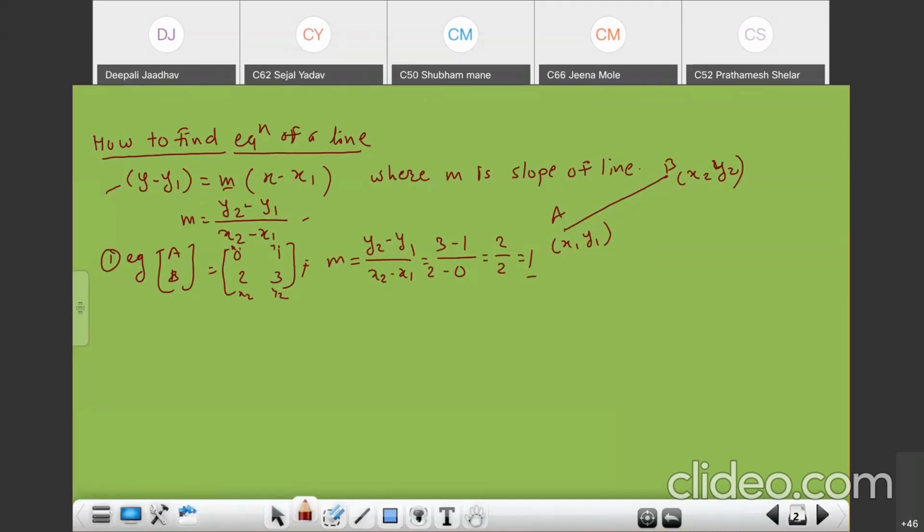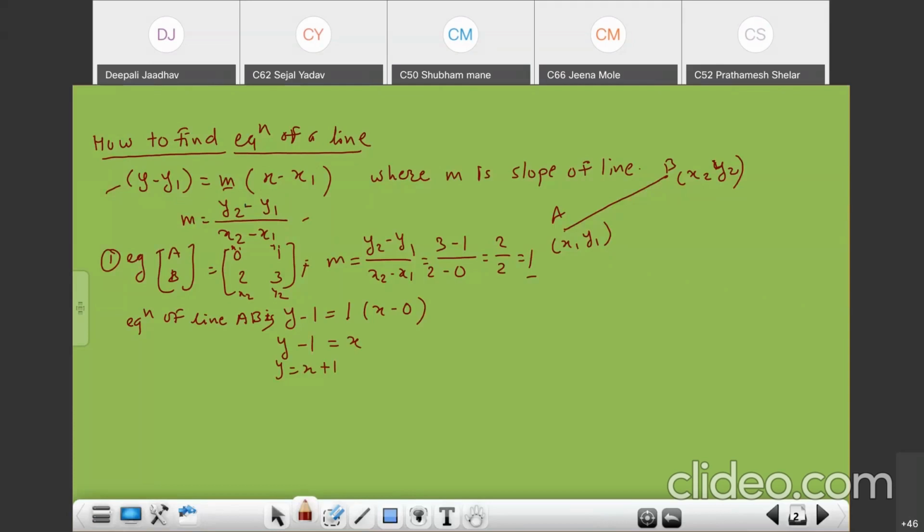Now using this slope, put it in the equation. The equation of line AB is y minus y1. What is y1? It is 1. So y minus y1 is equal to slope times x minus x1, and x1 is 0. So y minus 1 is equal to x, or we can write it in a simpler way: y is equal to x plus 1.